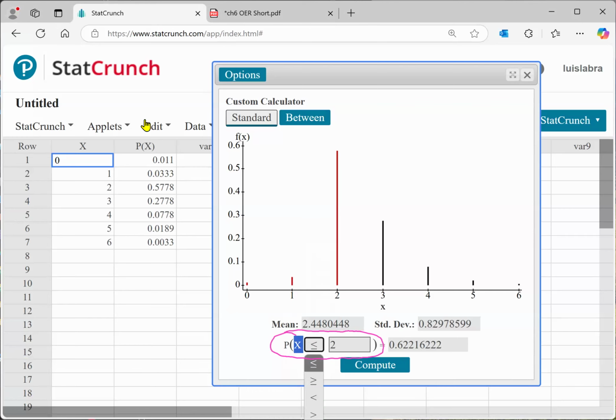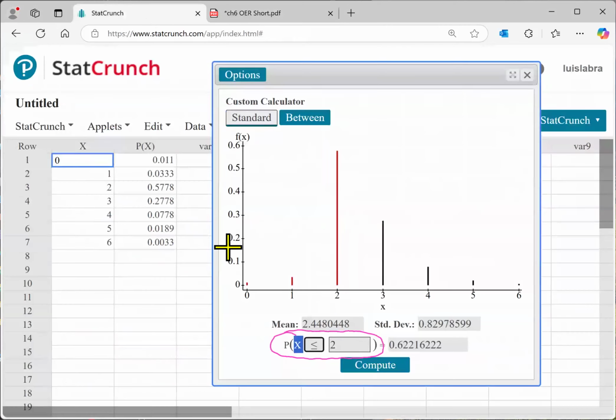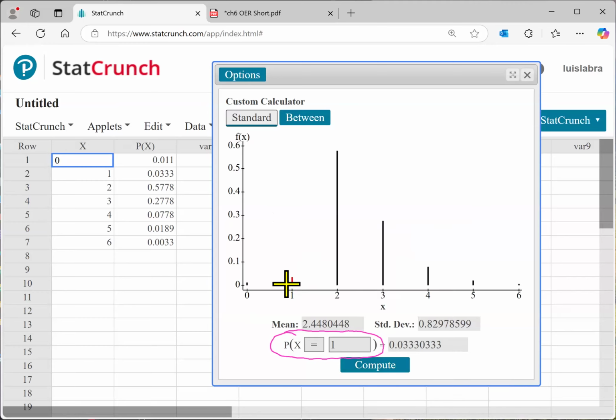Like, for example, I'm not sure if you remember D. D was the probability that the value of X is 1. We could have simply changed this symbol here to equals 1. Press compute. And notice how they've highlighted the bar at 1. So they're essentially just considering that one, and it's 0.033.